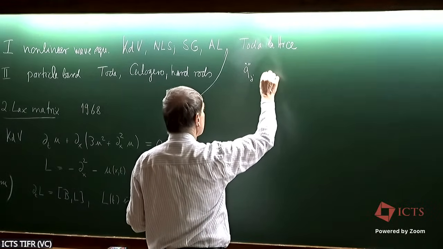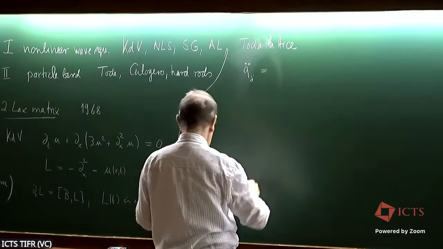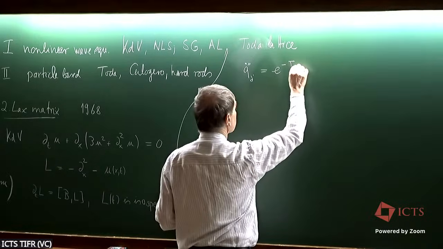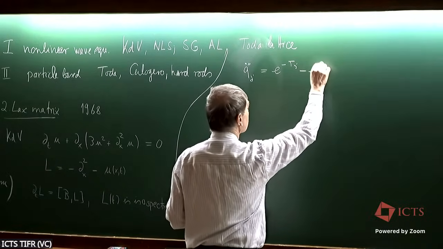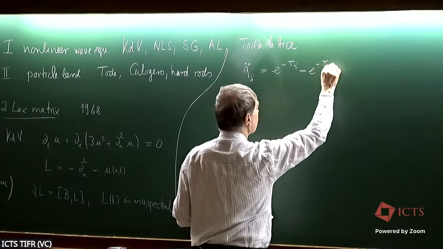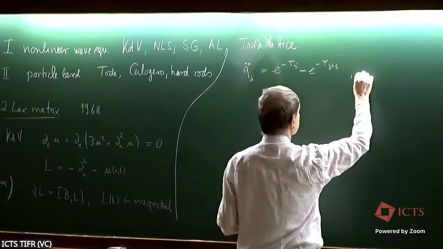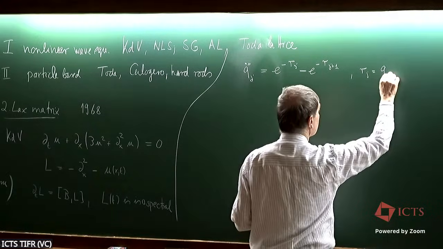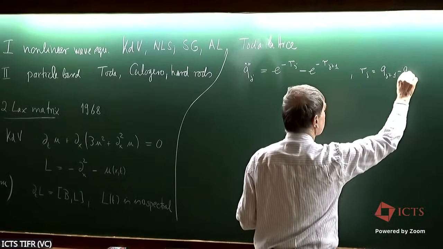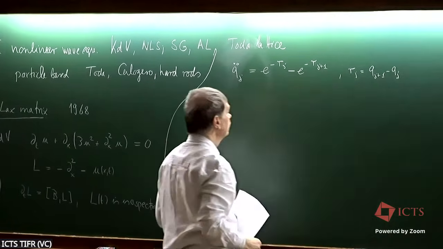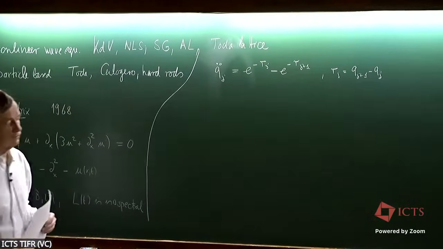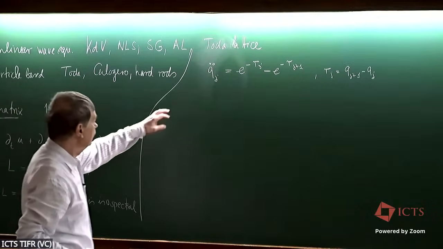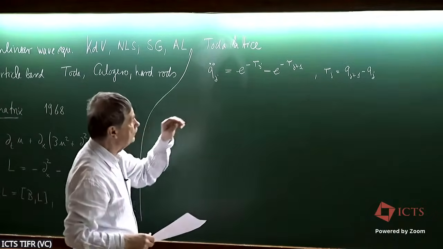So e to the minus r_j minus e to the minus r_{j+1} is the potential difference, where r_j is q_{j+1} minus q_j. These are Newton's equations for the Toda lattice. So this is the second derivative here.